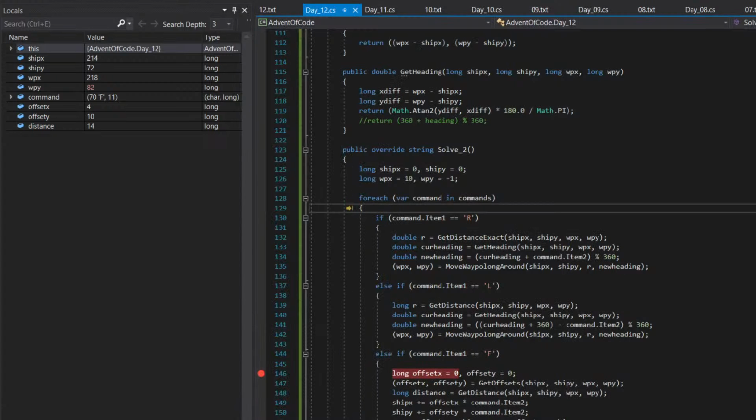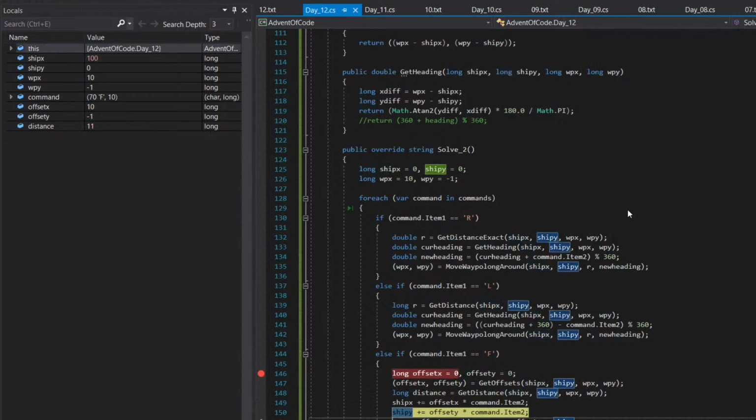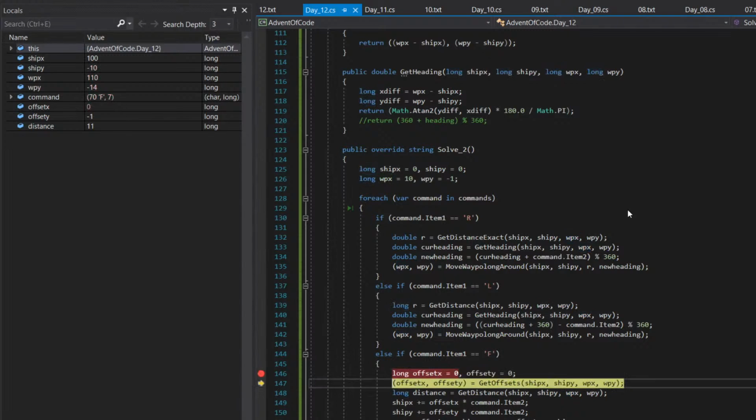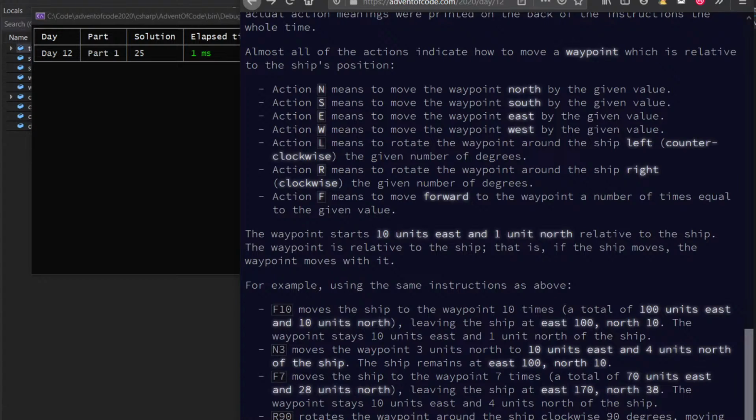It moves to the waypoint 7 times. F7 moves the tip to the waypoint 7 times, 70 units east and 28 units north.